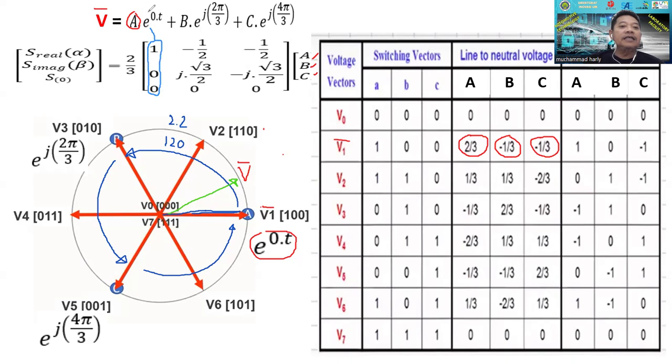Then you know that E power j0 is equal to cos 0 plus j, the imaginary, sin 0. Here is cos, here is times cos.